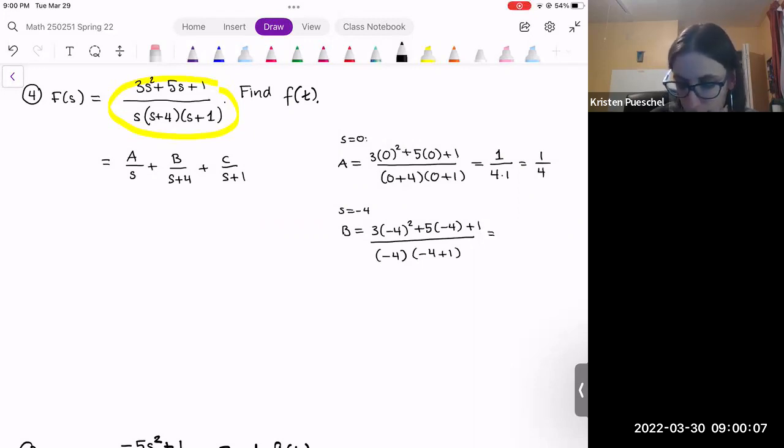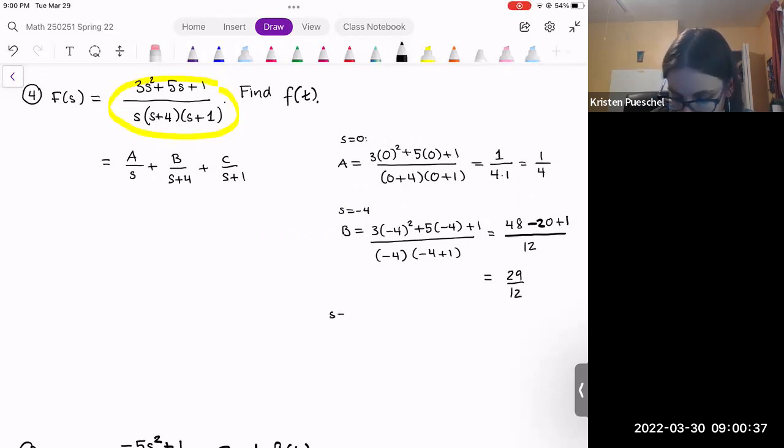Simplifying this a little bit, we have 16 times 3 is 48 minus 20 plus 1. -4 plus 1 is -3 multiplied by -4 gives us 12. So our b here is 28 plus 1 or 29/12.